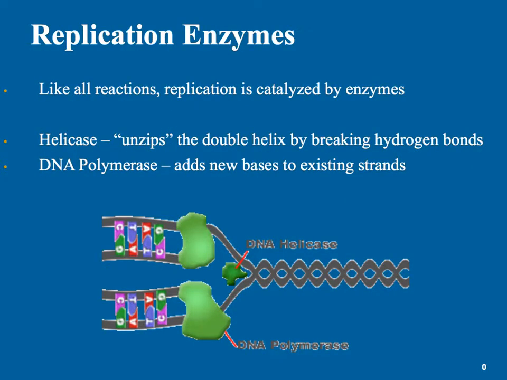So enzymes, there are several enzymes that are involved in DNA replication, and this is going to be a very simple overview of DNA replication. It is actually more complicated than I'm going to cover in this video.